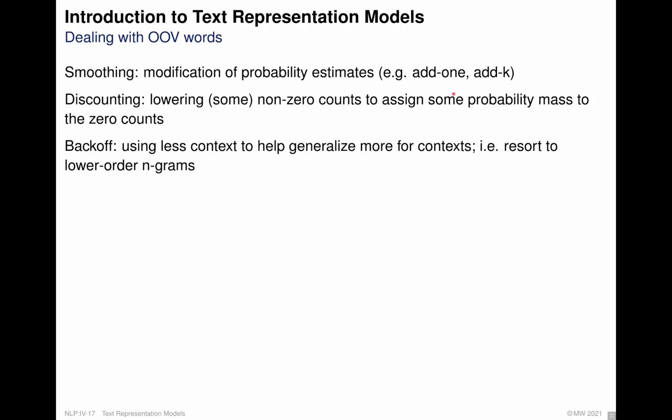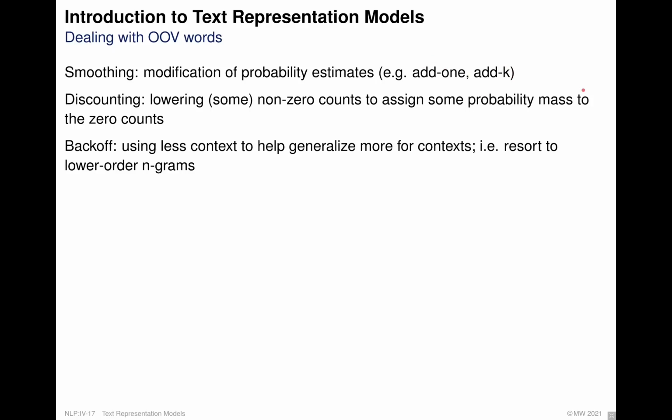The most basic type of smoothing estimator is so-called add-one smoothing, also known as Laplace smoothing. This consists of just adding 1 to every count. So we're just going to hallucinate those probabilities. You can also add some other number.